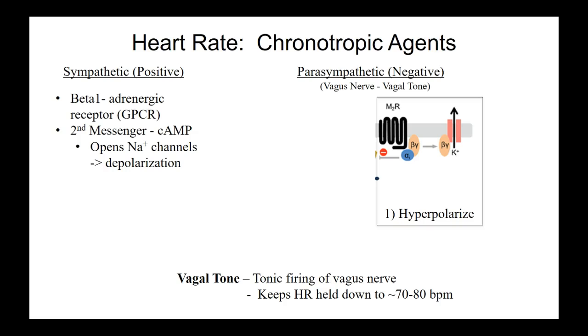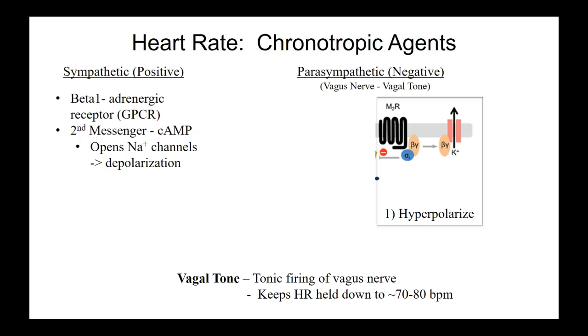So here, the sympathetic nervous system releases a neurotransmitter, epinephrine, norepinephrine, which binds to this G protein coupled receptor and causes cyclic AMP to be produced within the cell. Cyclic AMP causes sodium ion channels to open. If we open more sodium ion channels, what's that doing to the steepness of that depolarization curve?